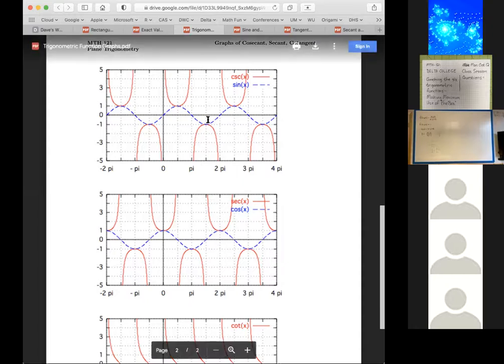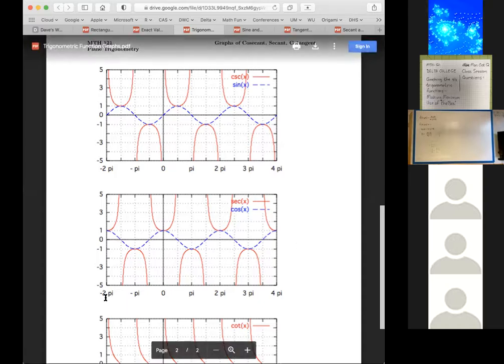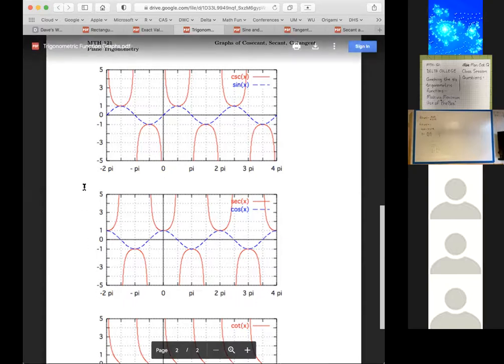All these graphs you can reproduce on your calculator. In fact, what you produce on your calculator should look exactly like what we've printed on this paper, if you set your calculator window to the same windows that I've described here.